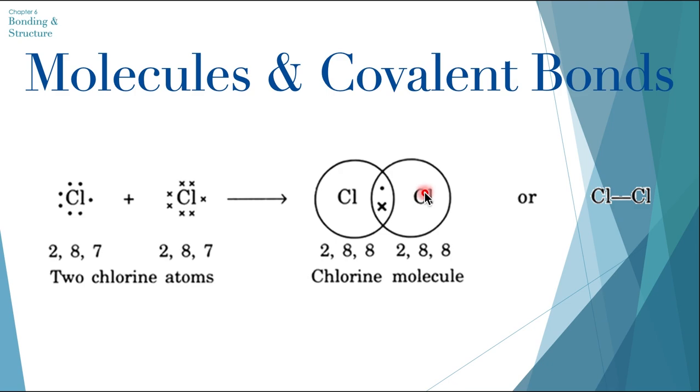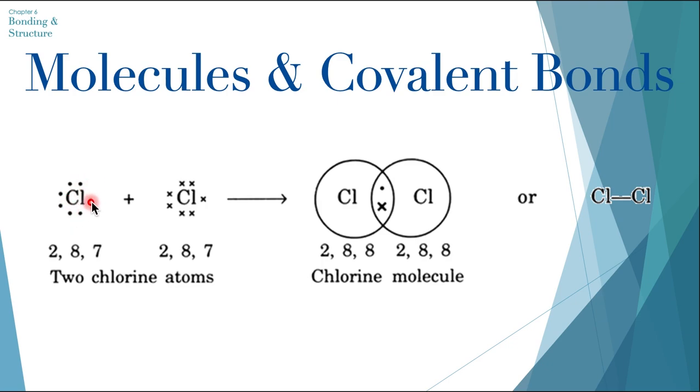Now both the chlorine atoms have 2 electrons shared, because in this we are not transferring, so do not confuse it with that. You might ask, how can they get so stable? The electrons in both the atoms are still 7, even if they start sharing one of the electrons. But no. When the electron of this chlorine atom goes into the other chlorine atom, it has 8 electrons.